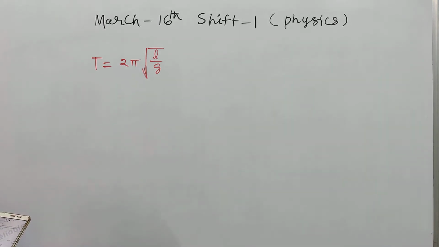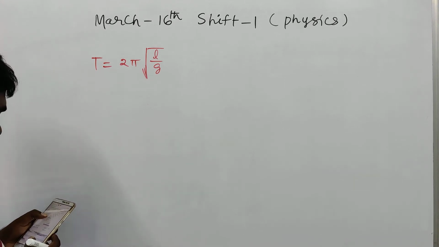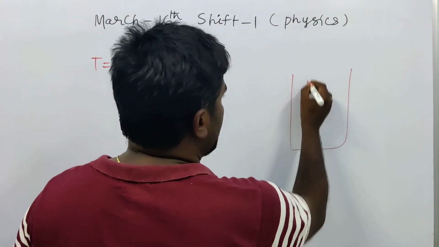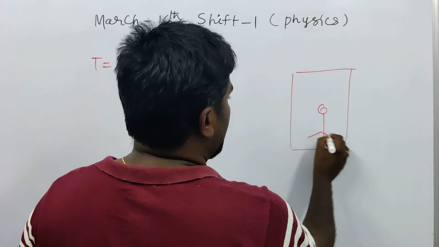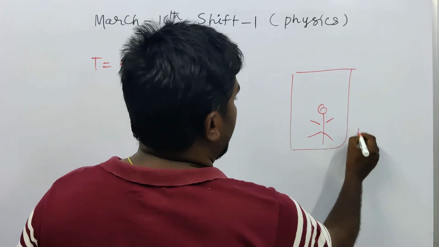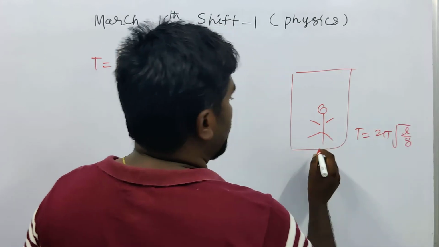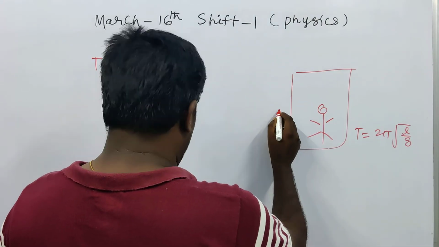Find its time period if the lift starts accelerating upwards with acceleration g by 2.